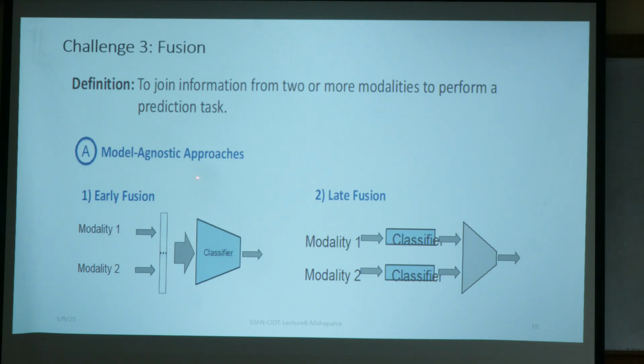Now, the model-agnostic approach, okay, in spite of model, without model basically, okay, is: in early fusion you get two modalities, 1 and 2, okay. You try to merge them, and a classifier is applied there, like clustering or things like that.